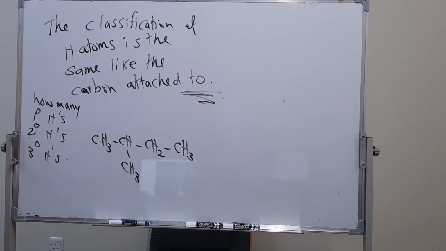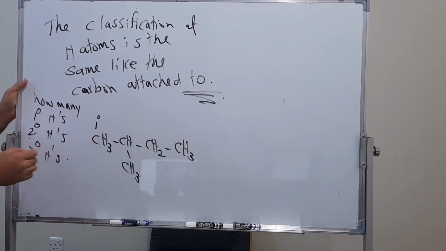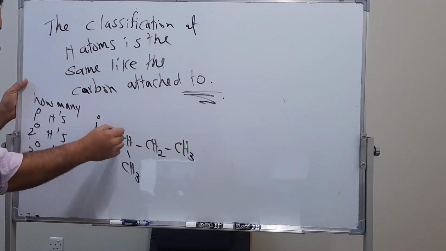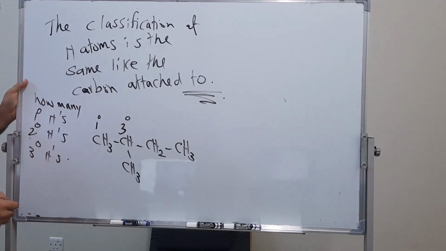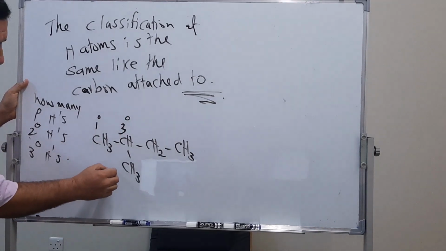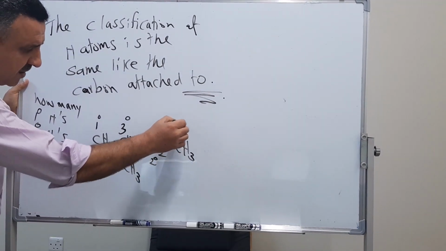It's very simple. We need to see the classification of each carbon in this example. According to what we have studied so far, this carbon must be primary. This carbon is tertiary because it's connected to 3 atoms. This carbon again is primary. This is a secondary and this is a primary.